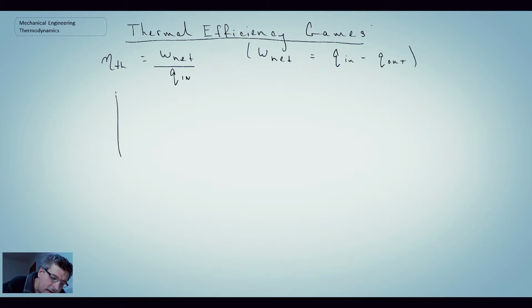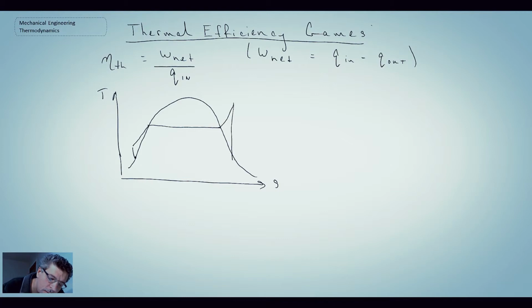Looking at our TS diagram, now when we look at this, our heat in is here, Q in, and the heat rejected is there, Q out.